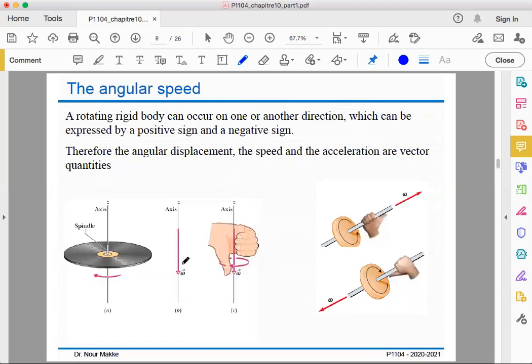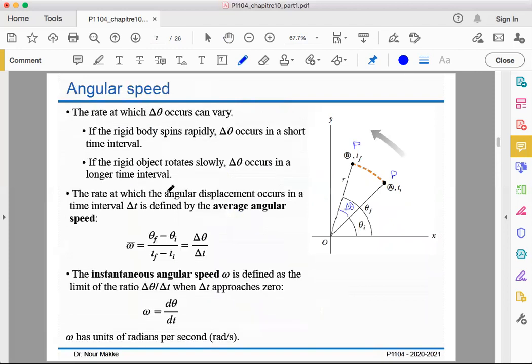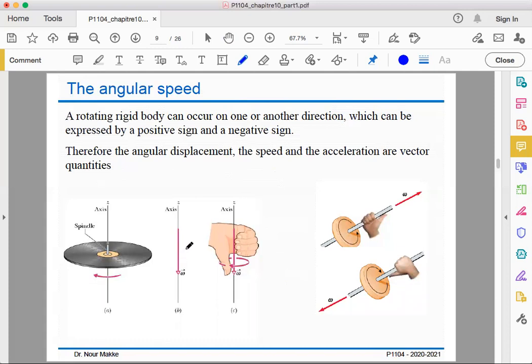Now, we have seen that this is just a ratio. I mean, alpha is a ratio between omega and time, and also omega is a ratio between theta and time. So are these quantities vectors or not? In principle, we can say that they are not vectors, just by looking at the equations.